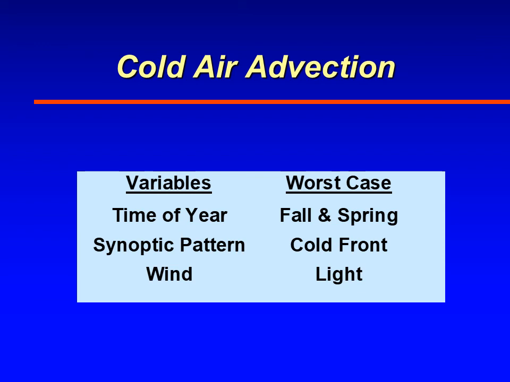Usually when the ground is still warm, such as in the spring and also in the fall. Cold air moving out of Canada produces large regions of convective turbulence. And of course, you need light winds. If the winds were stronger, then you'd have more mechanical turbulence than convective turbulence.